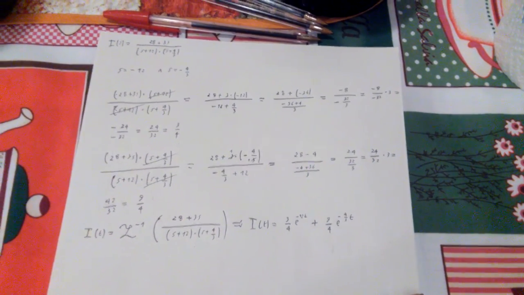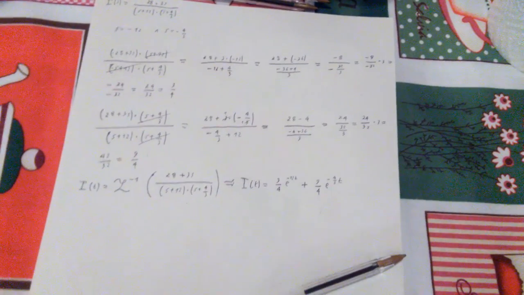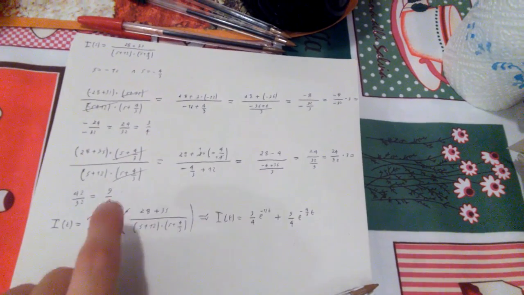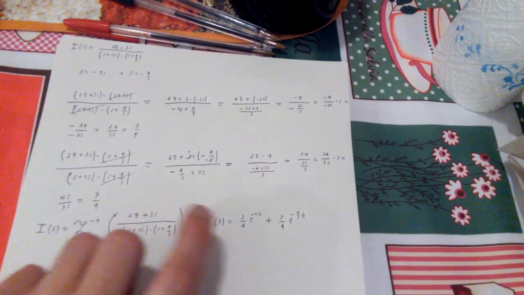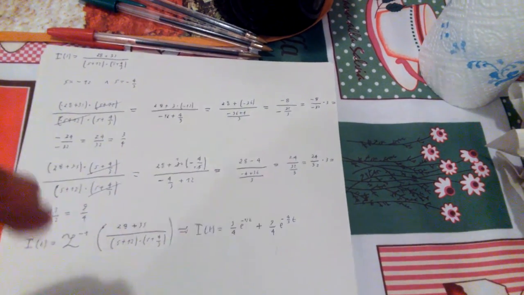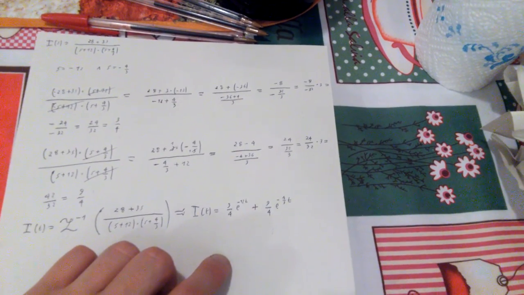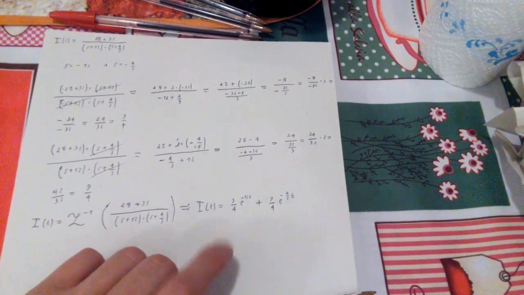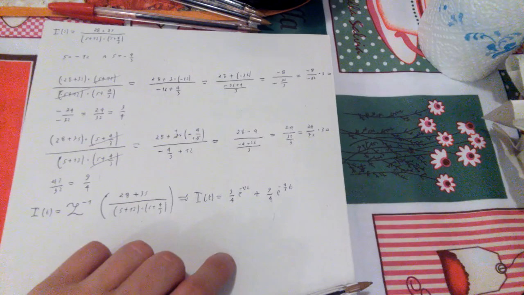And that's it. This is the anti-transform of Laplace of I of s, so this is just I of t. And once again, we have applied Laplace and solved the circuit using the Laplace transform.